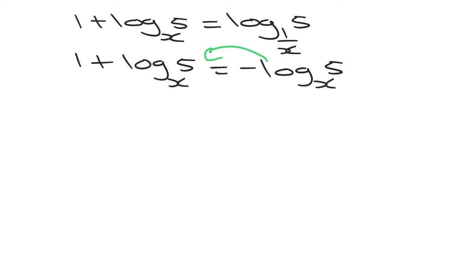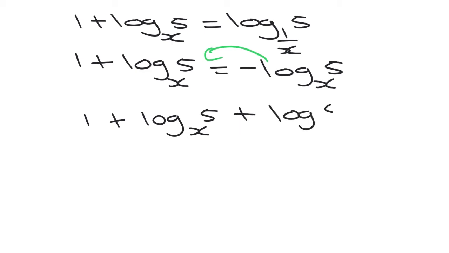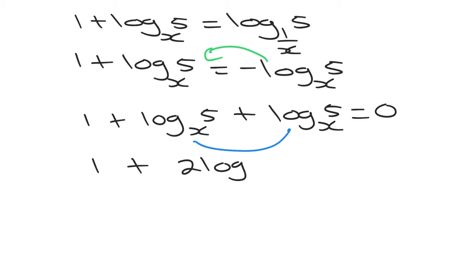So we have 1 plus log 5 base x, and since it was a negative on the right-hand side, it becomes a positive log 5 base x, and we are left with 0. Combining these two gives us a 2. So we have 1 plus 2 log 5 base x is equal to 0.